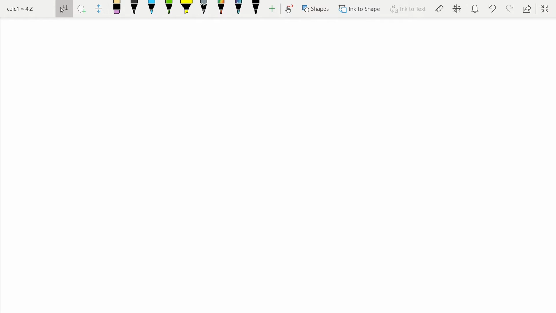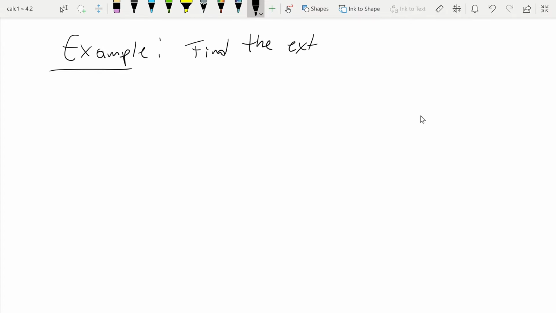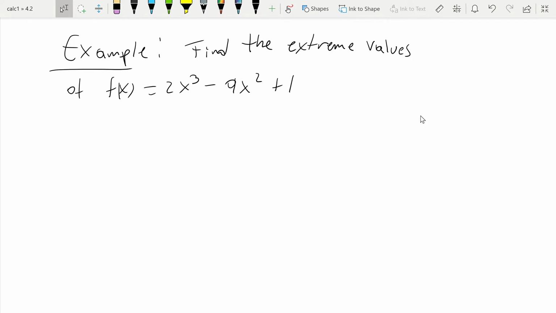So let's try to find the extreme values of f of x equals 2x cubed minus 9x squared plus 12x.